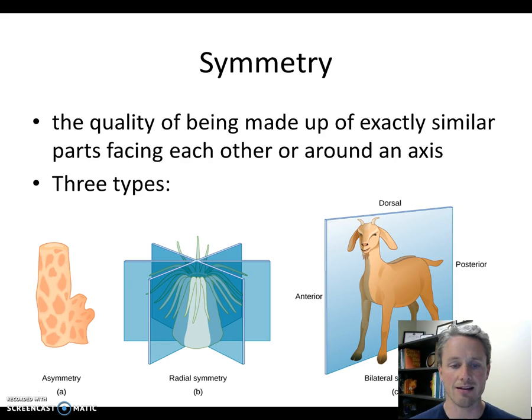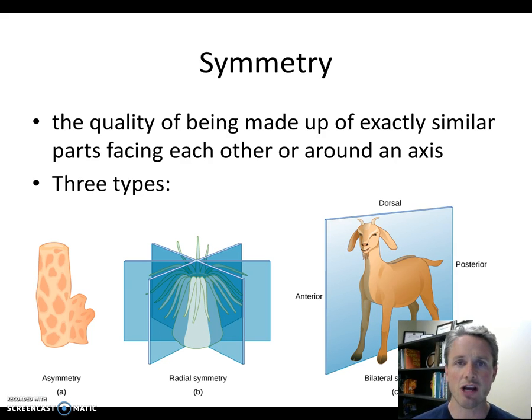So here are the examples of the 3 kinds of symmetry. We will be talking about asymmetry, which is basically a lack of symmetry. Radial symmetry, which I'll describe as sort of symmetry around an axis like a wheel would have. And then bilateral symmetry, where an organism is symmetric in a single plane.